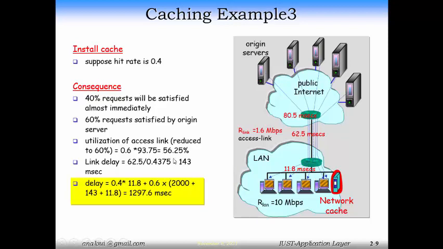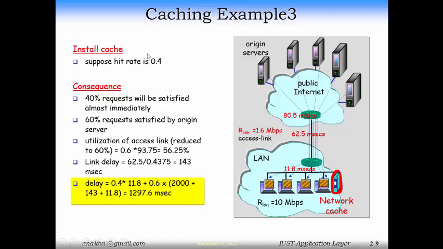So the utilization of my access link decreases to this value, and now I can calculate the delay of this link using the basic formula, and the delay is 143 milliseconds. So I use this calculation to show how this network cache can help me to reduce the delay times in my network.